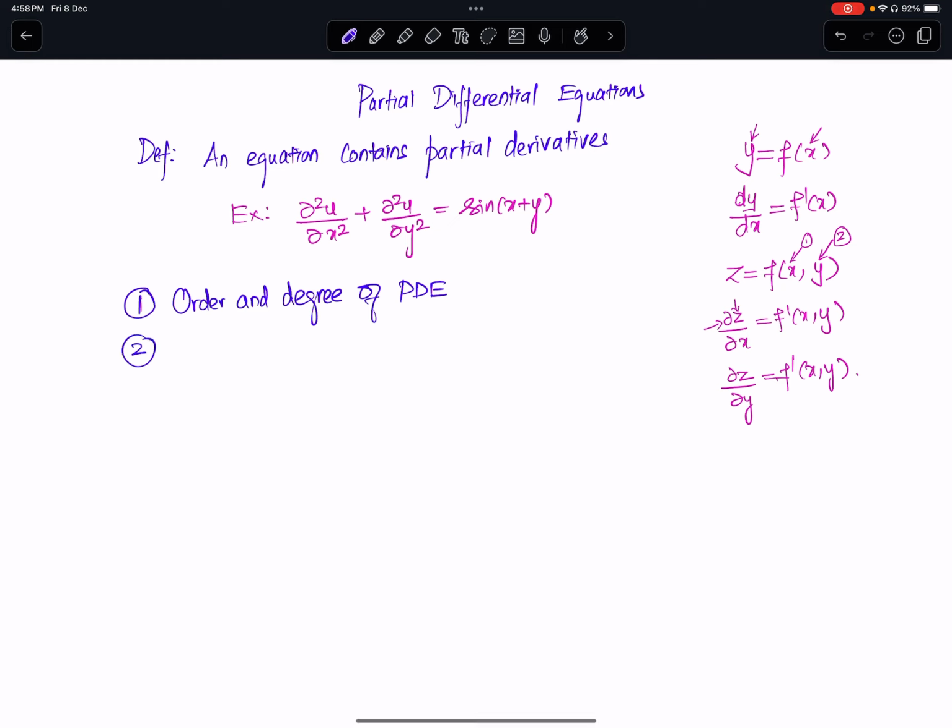The second one, the formation of PDE by eliminating arbitrary constants.